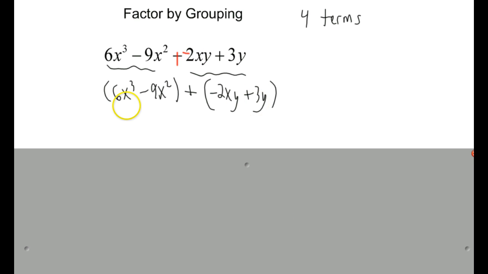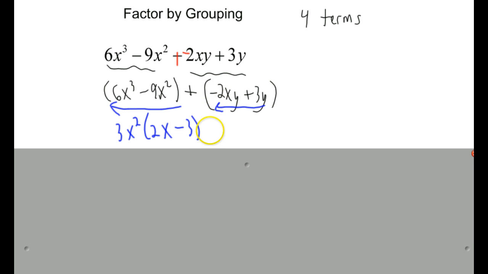I move on. Now you want to take out the GCF here. So any GCF you see here, you want to take it out. So this would be 3x squared times 2x minus 3. Take out the GCF, and here also, and as always, the leading coefficient should never be negative.